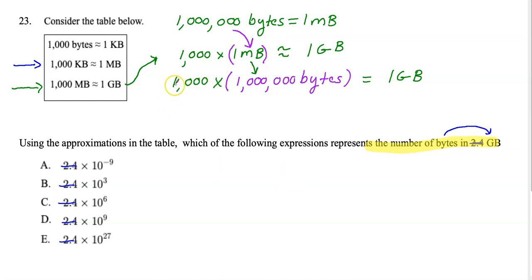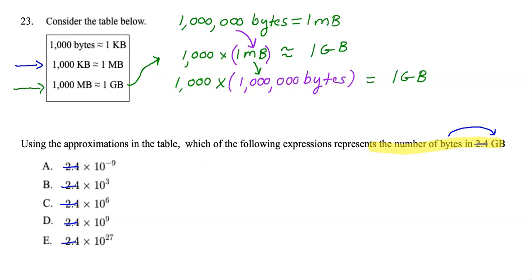Now I just need to multiply 1,000 times 1 million, and I will be finished. So 1,000 times 1 million bytes. Well, since we're dealing with thousands and millions and we're a base 10 system, we can just count the number of zeros in total. So this will be 1 followed by 9 zeros.